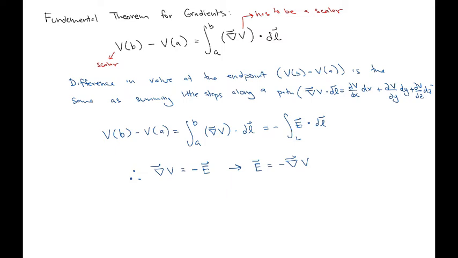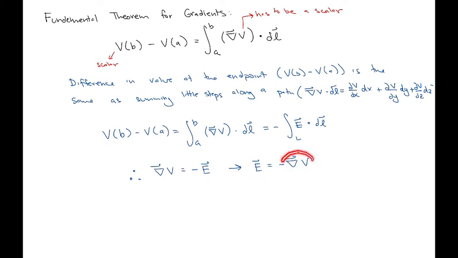Remember where the equipotential lines were indicating that the potential was changing at a faster rate? We got a stronger electric field. Well, that is in agreement with this definition. If the scalar potential is changing rapidly, then we're going to get a big value for the gradient here. That's going to give us a big electric field. If it's changing gradually, we're going to get a small value over here. That's going to give us a small electric field.